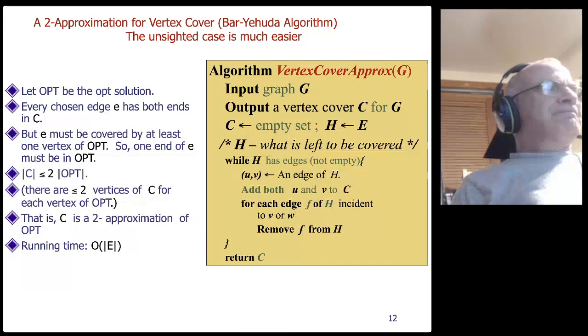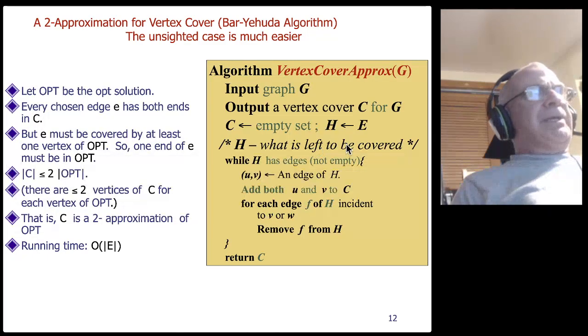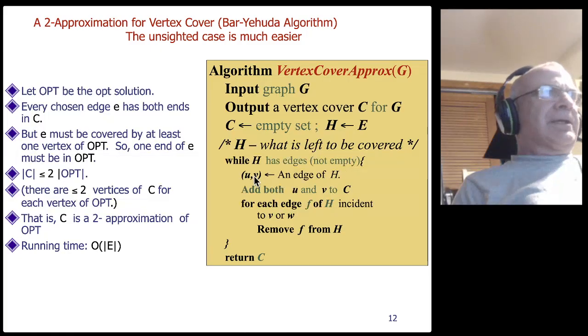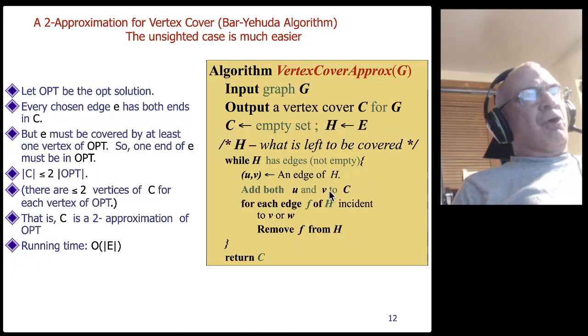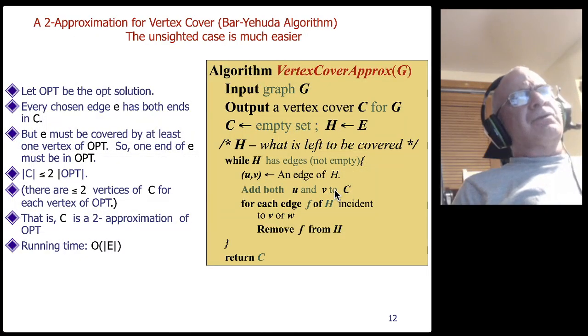Make sense? When you picked the edge uv, had you been very clever, then you could have used either u or v, but not necessarily both, to be in the cover. Instead, we are using both.